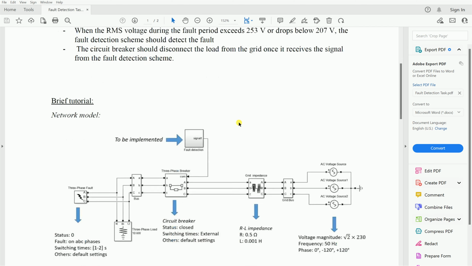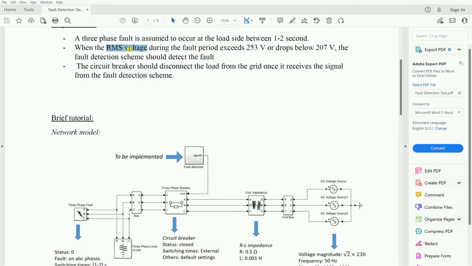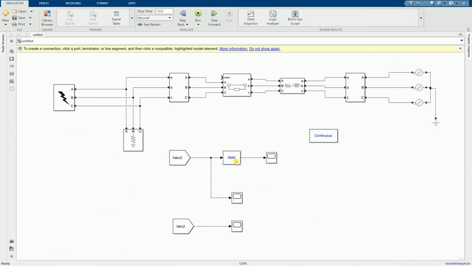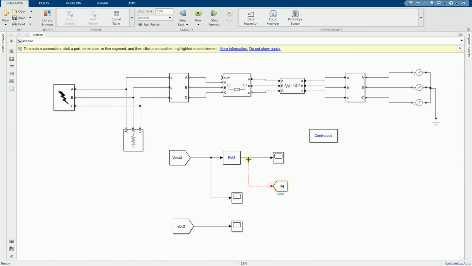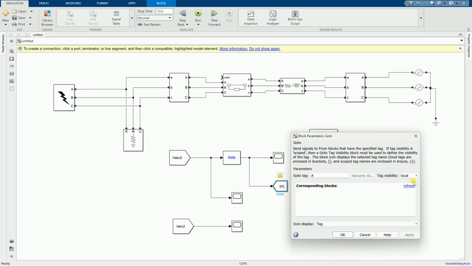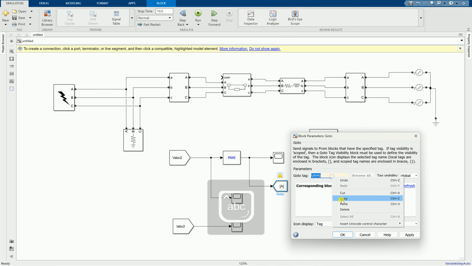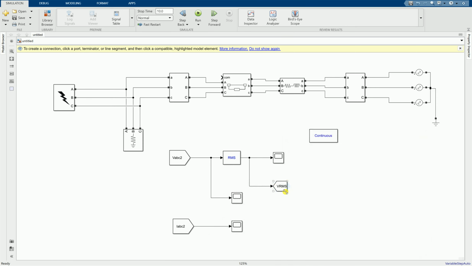First, let's translate the RMS voltage into a tag, or Goto, and remember to make the tag visibility global, because if we have any subsystems, this will work inside them. Call this one VRMS, and okay. This represents the voltage RMS.